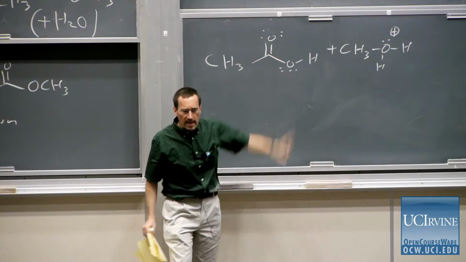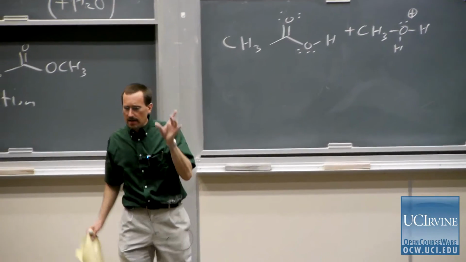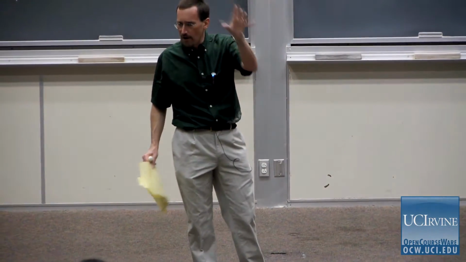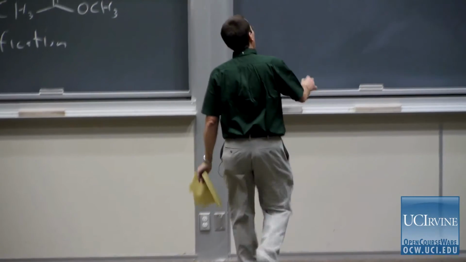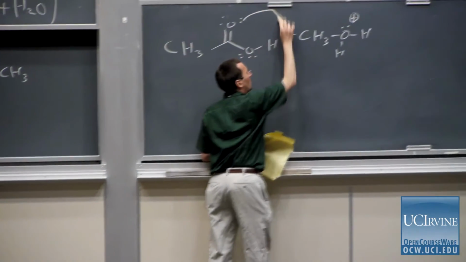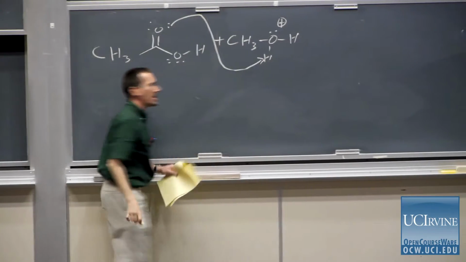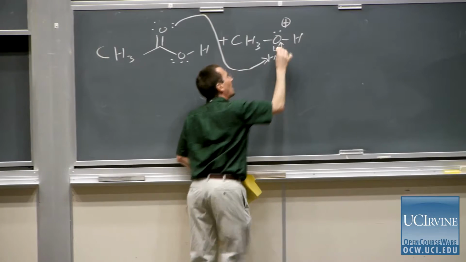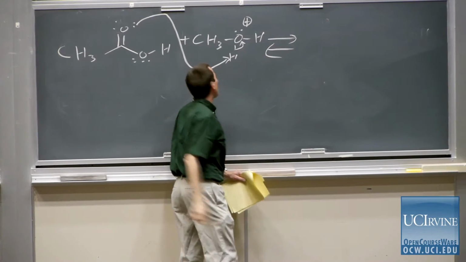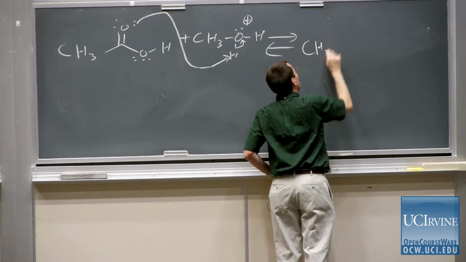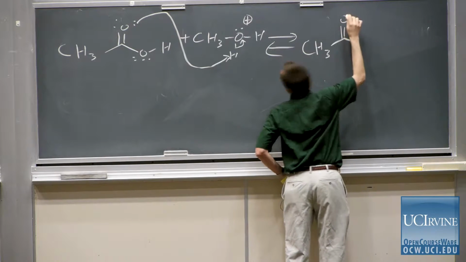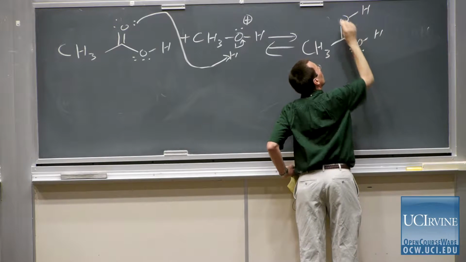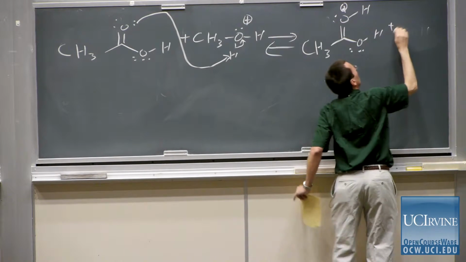When the carbonyl gets protonated, the carbonyl goes from being moderately electrophilic to being very electrophilic. We show the flow of electrons by drawing a curved arrow from the electrons to the hydrogen, representing the formation of a new bond. Electrons flow back onto the oxygen atom. We have an equilibrium. We generate protonated acetic acid, plus methanol.